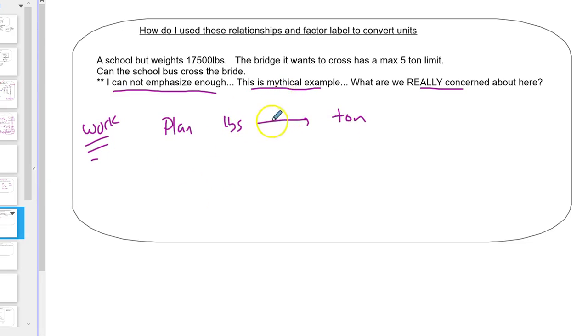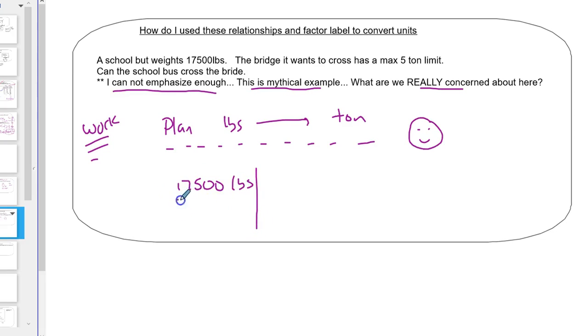I might need to use several equivalencies, and that's very common in chemistry. But once I have the plan down, to be honest with you, the rest of it is just easy peasy. I could literally hire someone else to do this for me once I got the plan. Here we go. Here's the plan. 17,500 lbs.